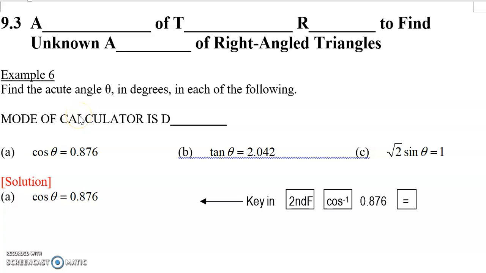Good day, everyone. In 9.2, you learned of applications of trigonometric ratios to find unknown sides of right-angled triangles.